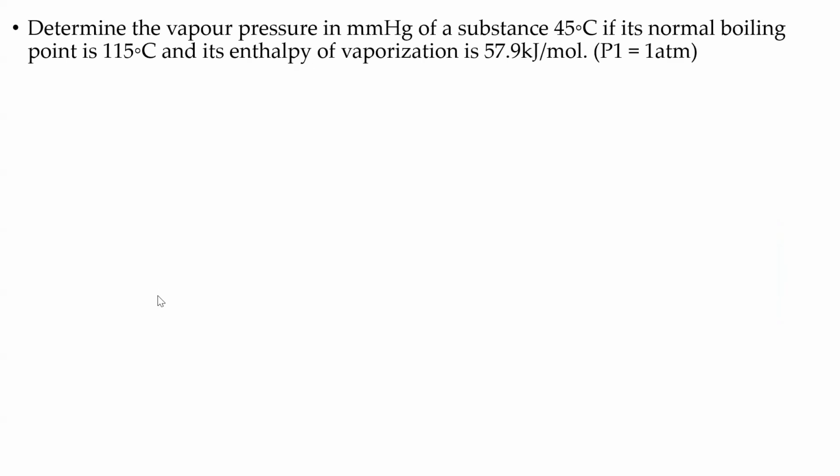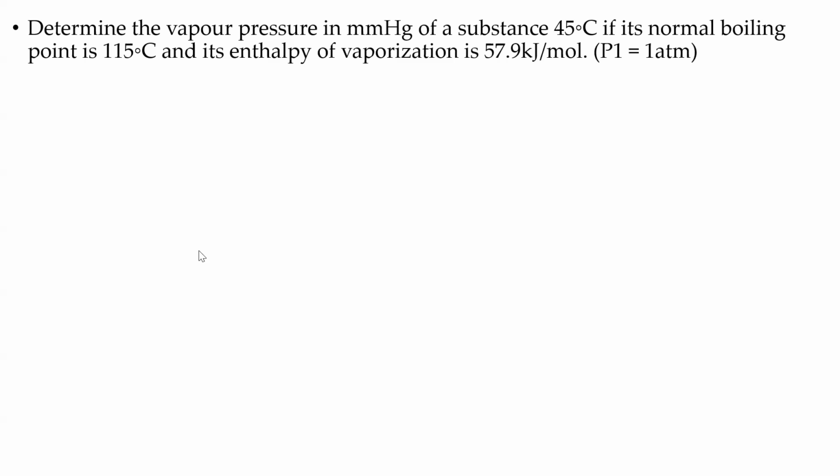Now we have this question: determine the vapor pressure in millimeters of mercury of a substance at a temperature of 45 degrees centigrade, if its normal boiling point is 115 degrees centigrade and its enthalpy of vaporization is 57.9 kJ per mole.